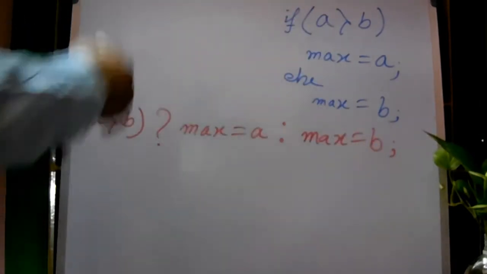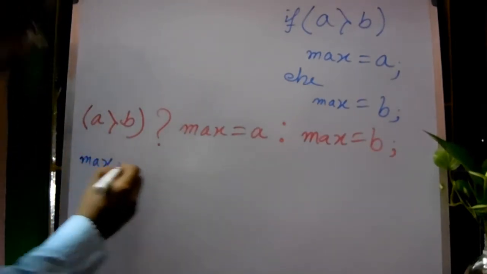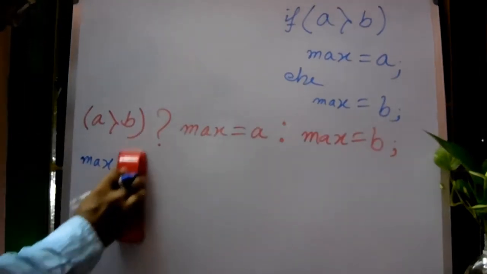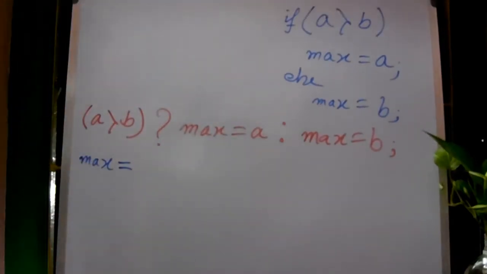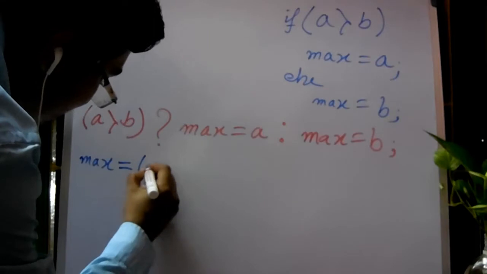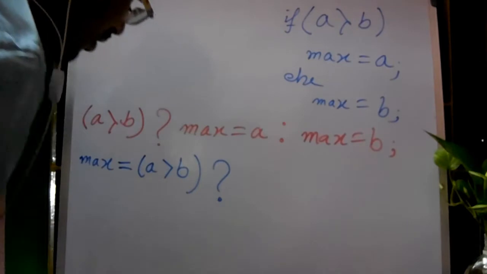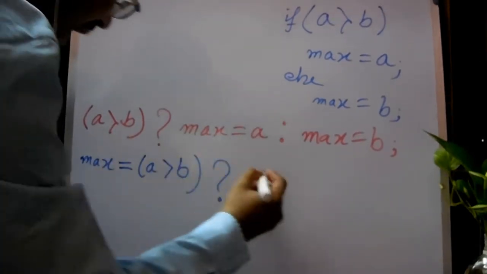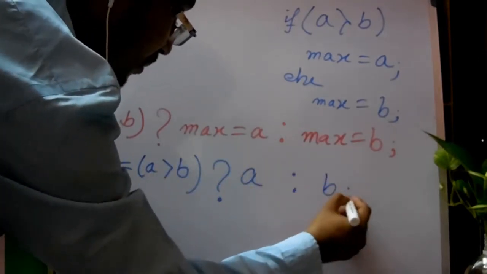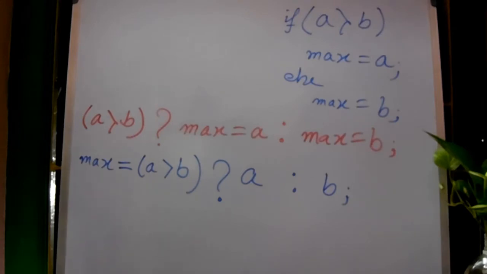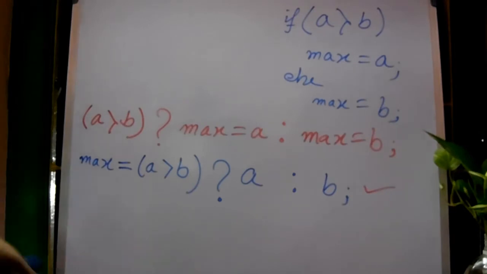So we write it this way: max is equal to, and the value assigned to max depends on the condition a greater than b. If it is true, max will be a, colon, otherwise b. That's all. This is the actual implementation of the ternary operator.